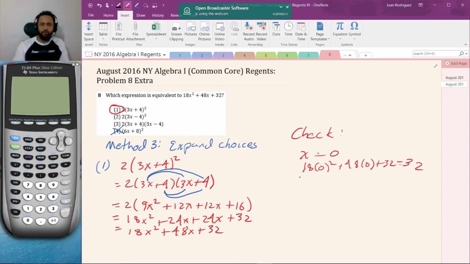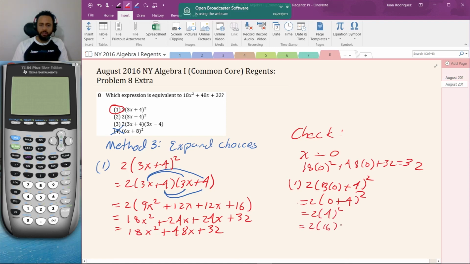And then also choice 1 says that 2 times 3 times 0 plus 4 squared is equal to 2 times 0 plus 4 squared equals 2 times 4 squared equals 2 times 16, which equals 32, which checks out to what we expected. So that's a quick check that choice 1 is the answer.